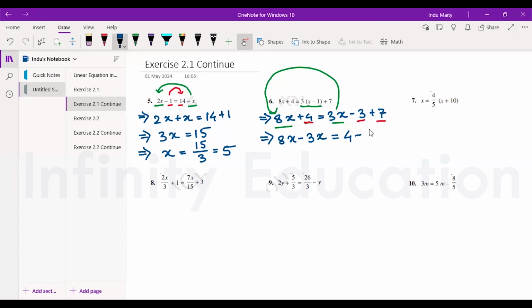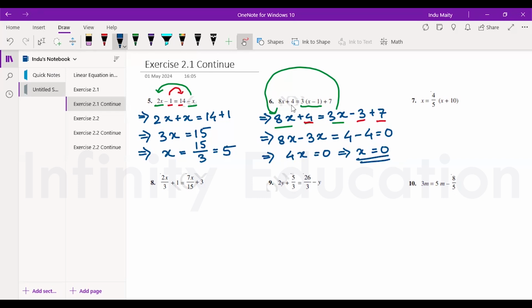If we take this 4 to the right side, it will be minus 4. So it is 0. So we are having 4x is equal to 0. Hence, the value of x is 0 in this equation. Now, just to check whether it is true or not, if we put x is equal to 0, this will be 8 into 0 is 0.